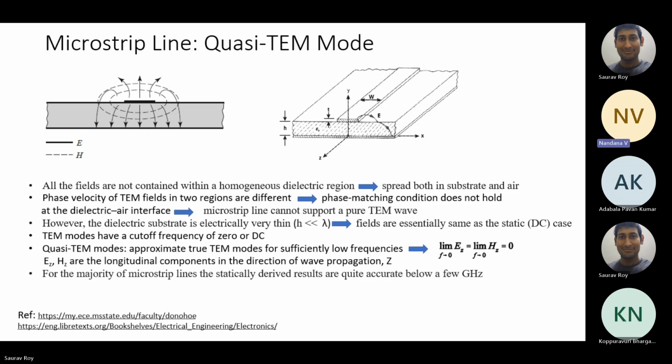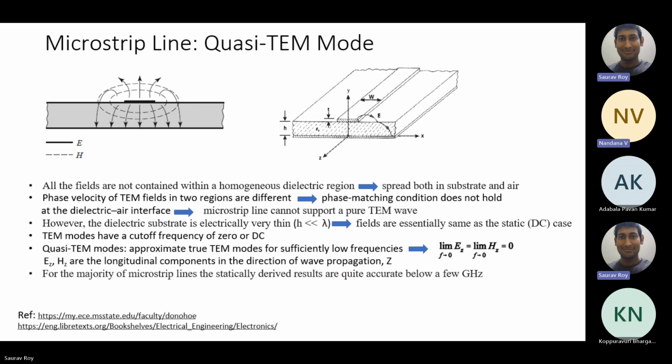So one more time. It is saying why a simple TEM mode cannot exist in the microstrip line. If a simple TEM mode is there, that will lead to one type of phase velocity or certain phase in the substrate below the strip, and another phase velocity or another phase in the air.